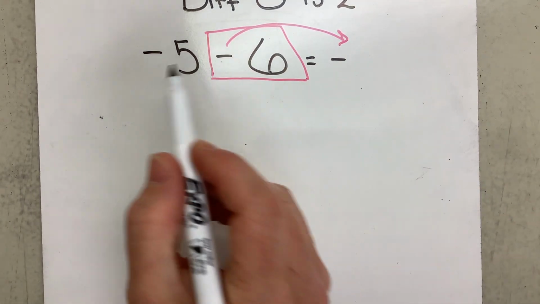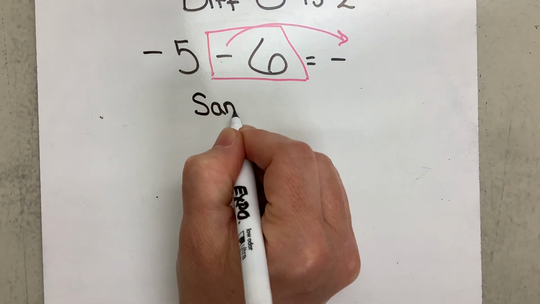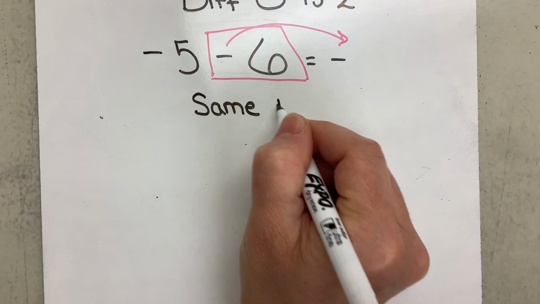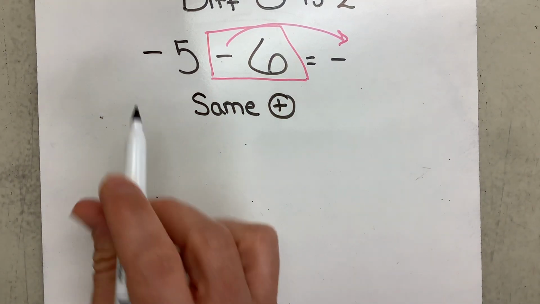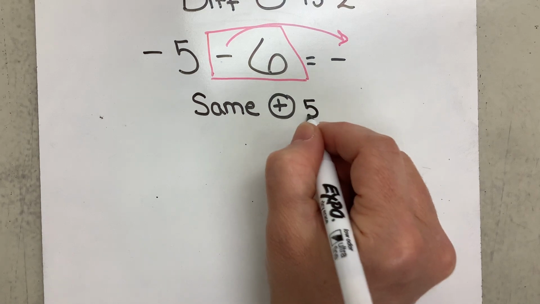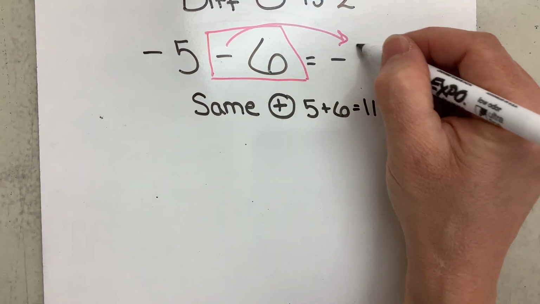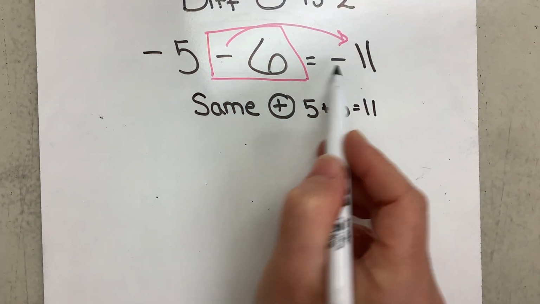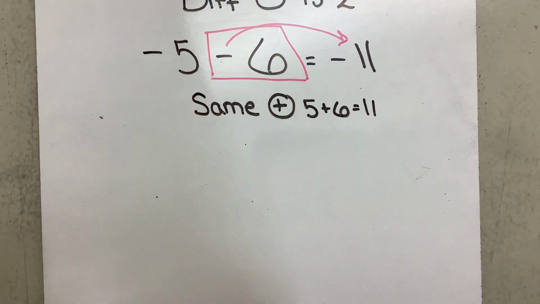It means the same thing. They are both the same. Because they are the same, we are going to be adding these. Okay? So 5 plus 6 is 11. So our answer is going to be negative 11, and it's negative because the bigger one was negative.